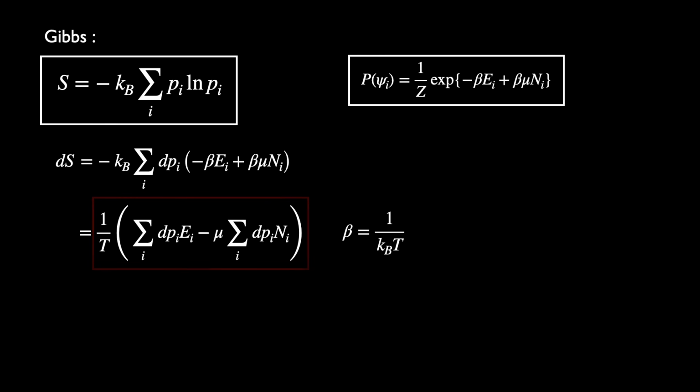We are then left with dS equals 1 over T, sum over i dP_i times E_i, minus mu sum over i dP_i times N_i. Here we have used the definition for beta.